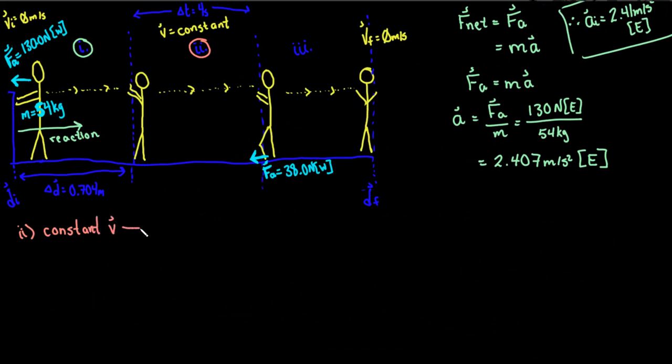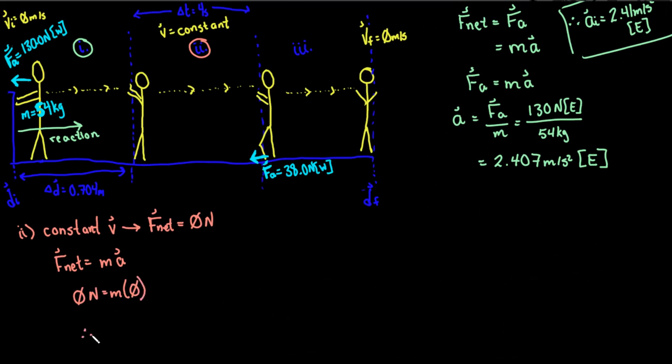Constant velocity tells us that the net force acting on him then is 0. Remember, just because there's no force acting on him doesn't mean that he can't continue to move at that constant velocity. So because we know F net is 0, remember, any F net is equal to a mass times an acceleration, and because his mass can't be 0, in order for our F net to be 0, that means the acceleration has to be 0.